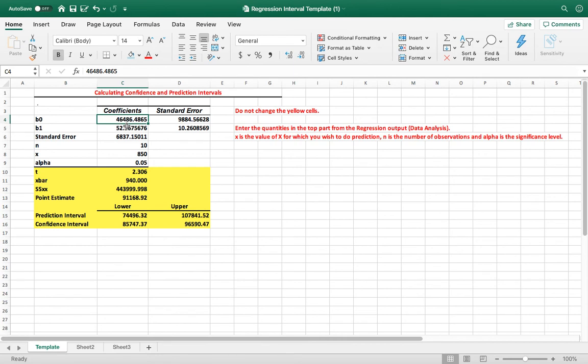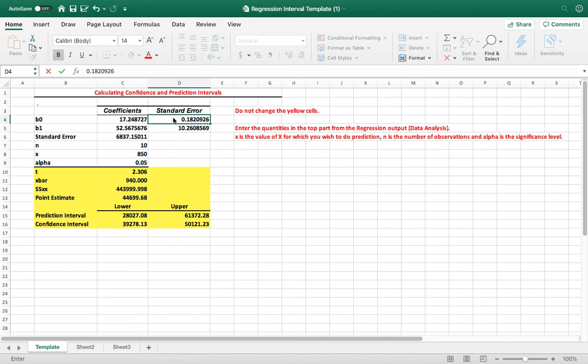There you go. This figure is 17.248727. This figure over here is 0.1820926.